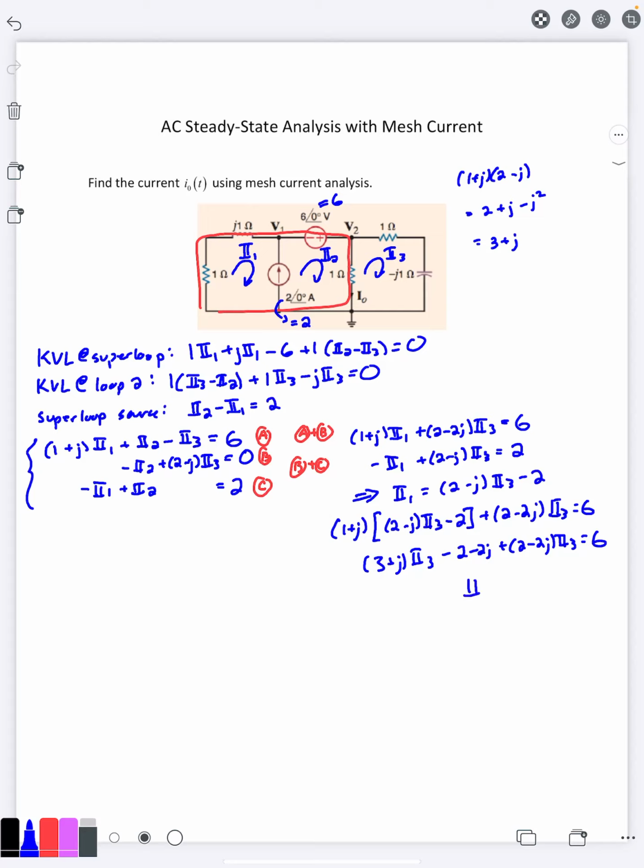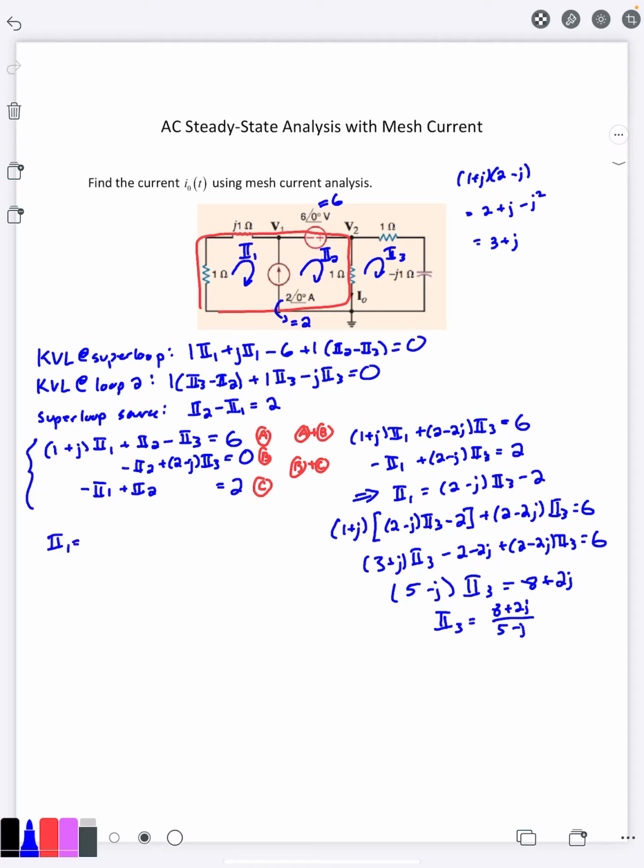Gather together the I3 terms. 3 plus 2 is 5. j minus 2j is minus j. Move the other terms to the right side. It looks like it'd be 8 plus 2j. This gives me an I3 of 8 plus 2j over 5 minus j, which I could then use to find out what I1 is.